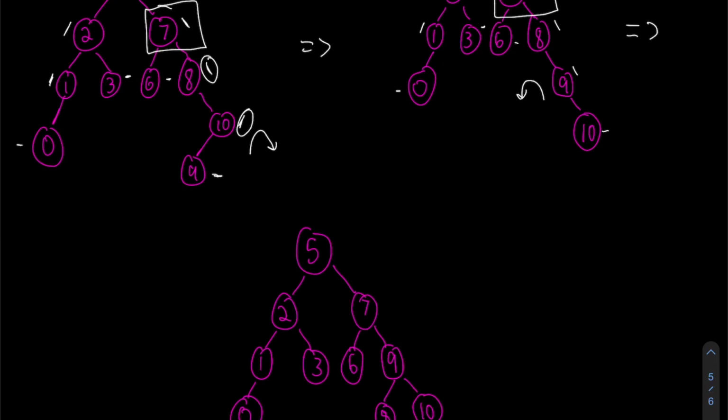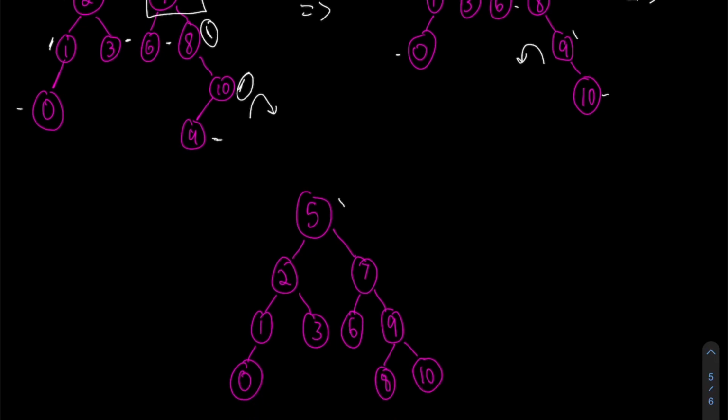And if we were to check our balance factors just for good measure, we get right. We get right again. We get equal, equal, equal, equal, equal, equal. Sorry, not equal there. It's left, equal, and left, and that's it. So, that's it for AVL trees.